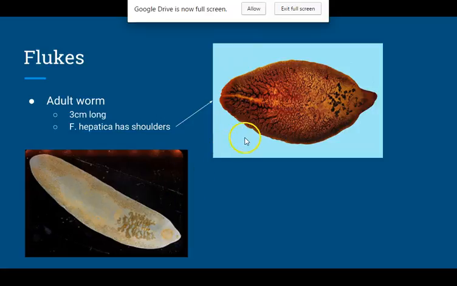Okay, so the adult worms, you can tell the difference if you find a worm. The adult worms are about 3 centimeters long, and hepatica has shoulders. So Fasciola hepatica is this one, and it looks like it has shoulders, this being the head, and buski does not. Fasciolopsis buski does not have shoulders.